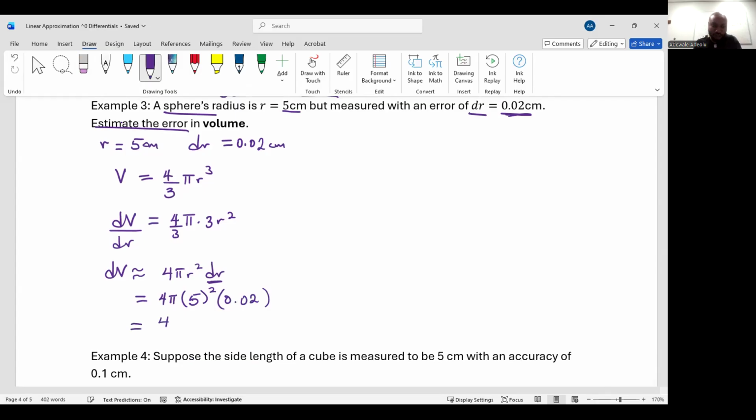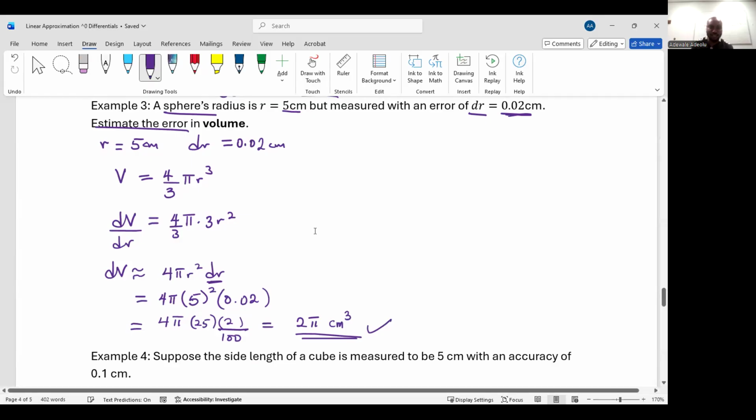So which is 4 pi times 25 times 2 over 100. 25 times 4 is 100, so that is 2 pi. I need to write the units, cubic centimeter, because it is the volume. So that is the estimated error in volume, 2 pi cubic centimeter. So it is as simple as that.